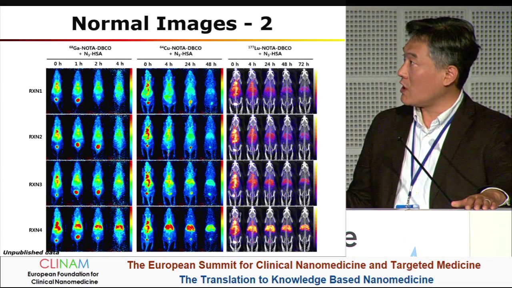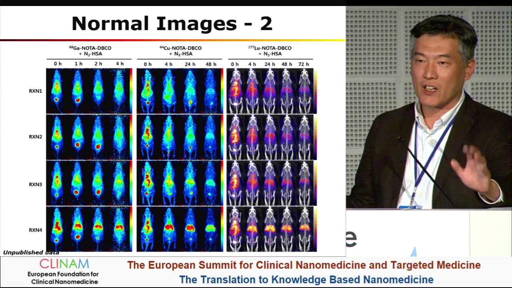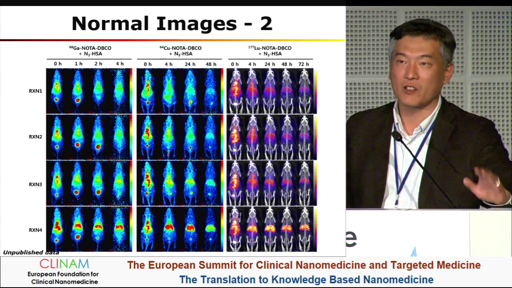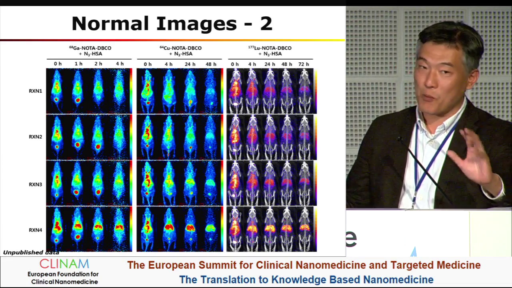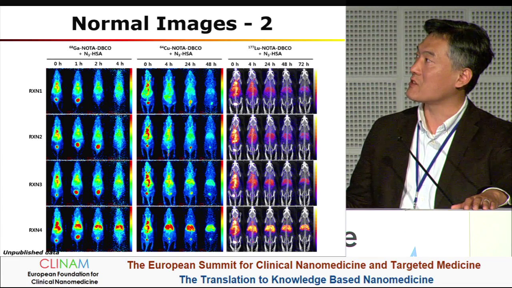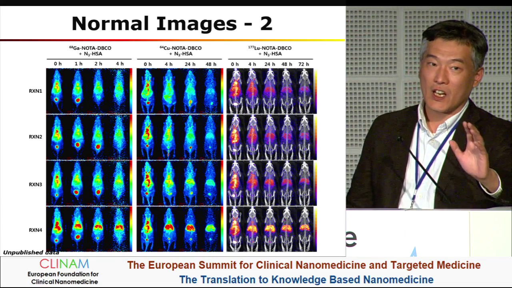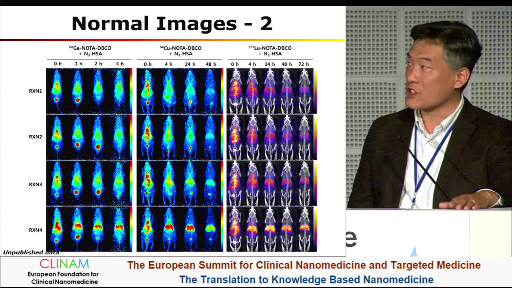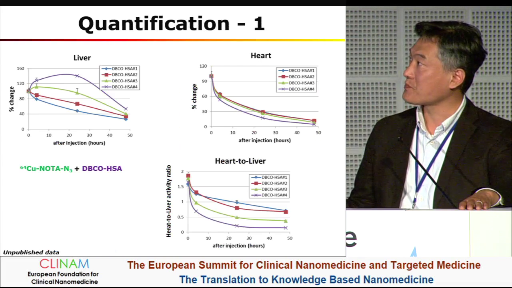And one more: adipo is a ring-strained alkyne, so the opposite composition is possible. We can attach N3 on the albumin surface, and you can see that hydrophobicity is reduced, and then you see less liver uptake.